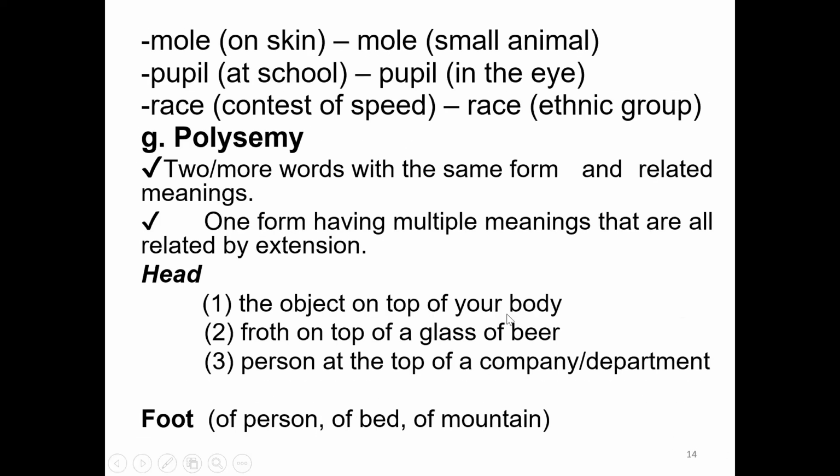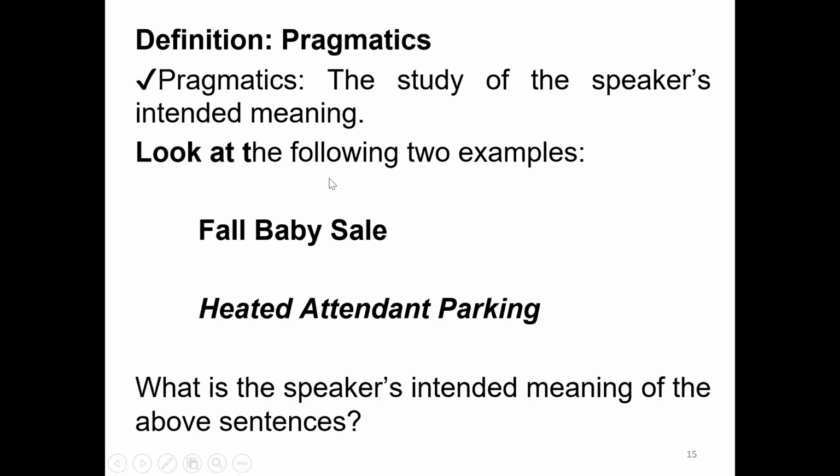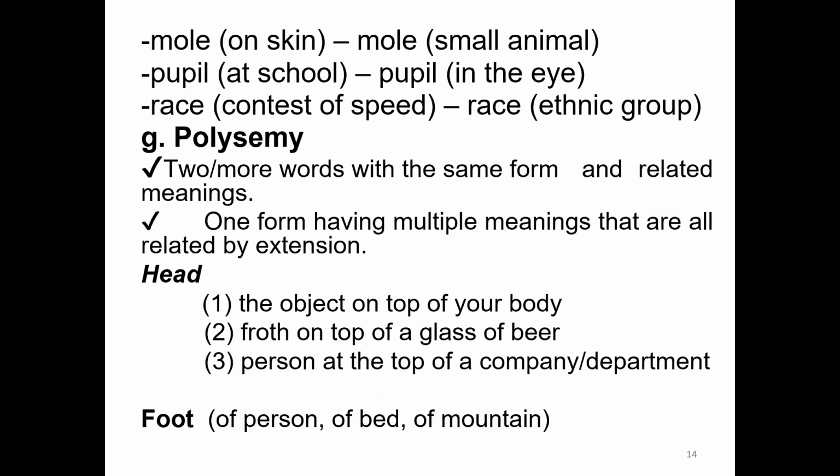Here you have the term mole. Do you know mole, everyone? You know mole? Can you see the term mole here on the screen, on the skin? What is another meaning of mole? Yeah, teacher. Okay. Like the word pupil.